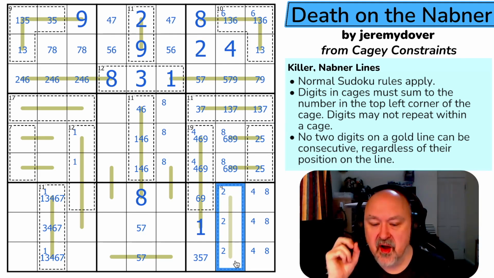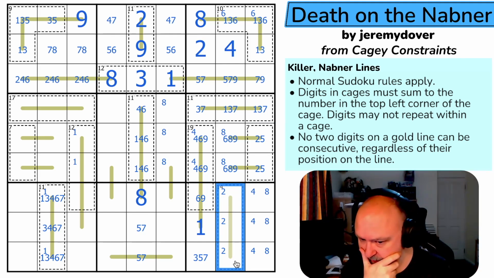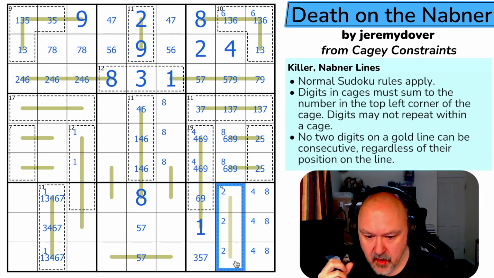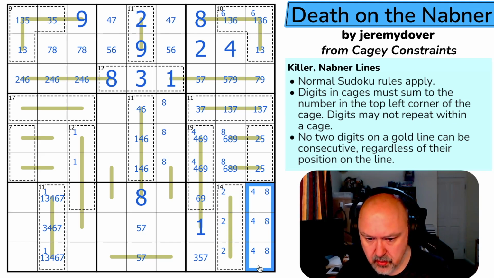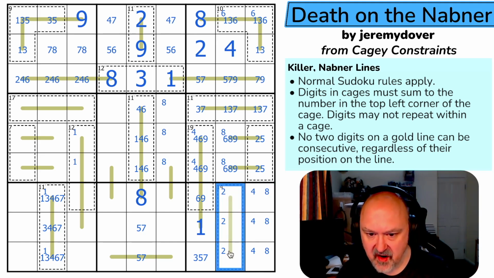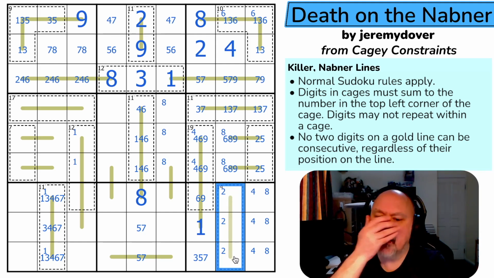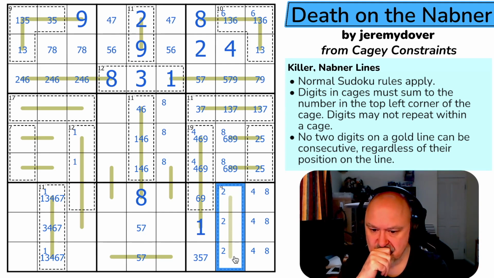So there is a 2. I now need 2 digits that sum to 12. I could use 9, 3. I can't use 8, 4. I could use 7, 5. If it's 7, 5, that's the 2.